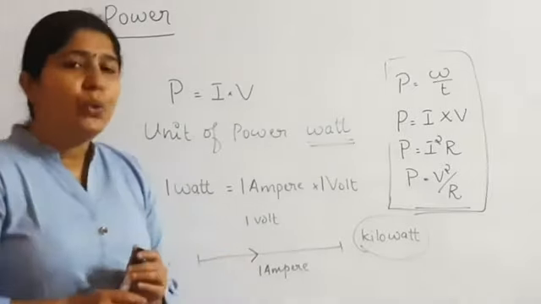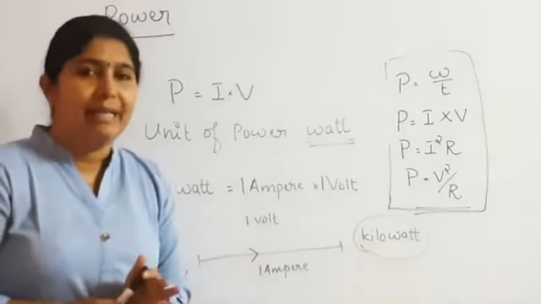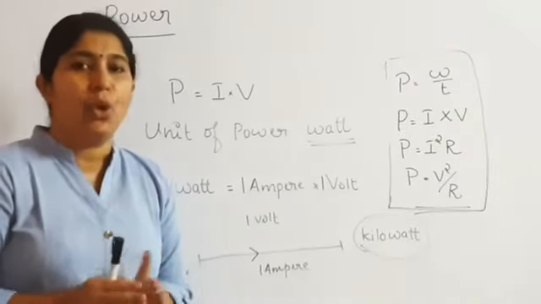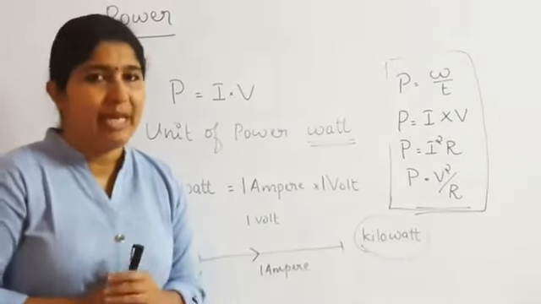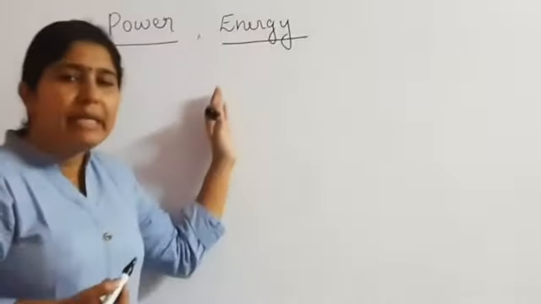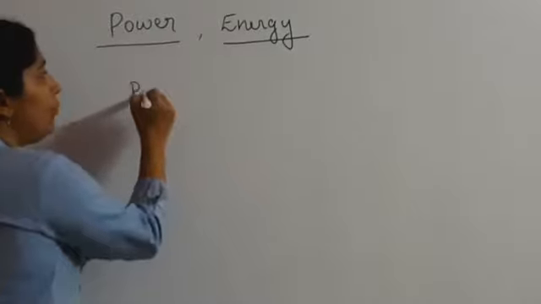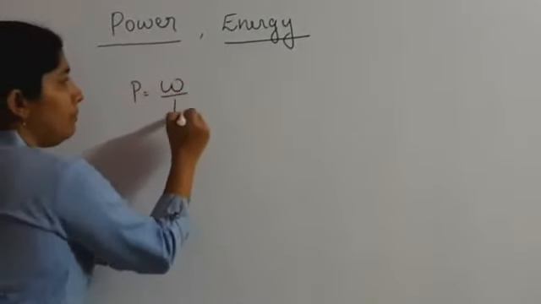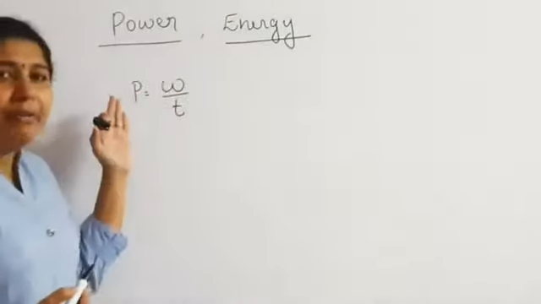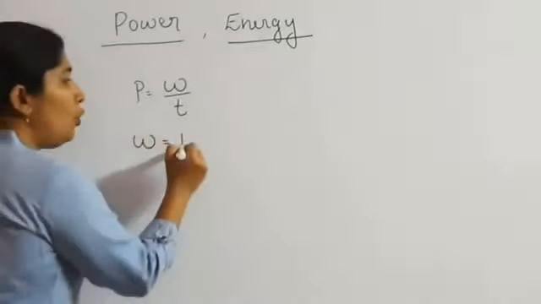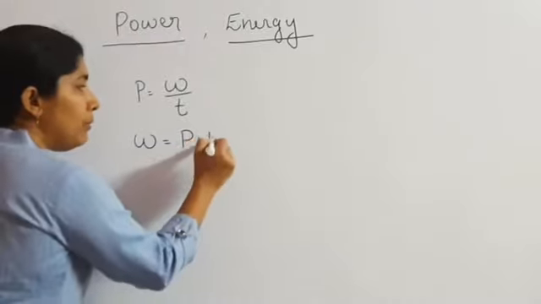Now we want to find out about energy. What about the electrical energy or heat energy produced in a conductor? We already studied that power is equal to work divided by time. On rearranging this equation, work is equal to power into time.